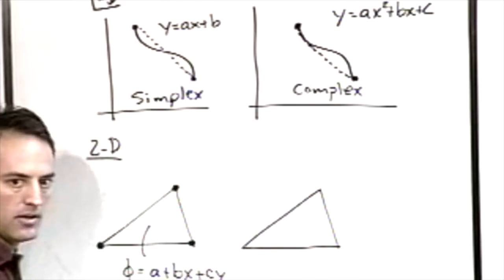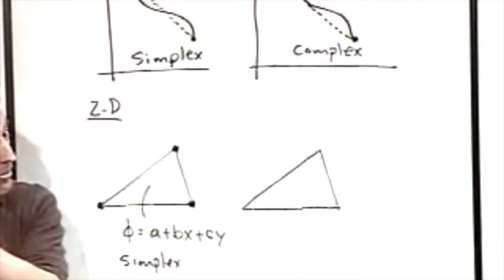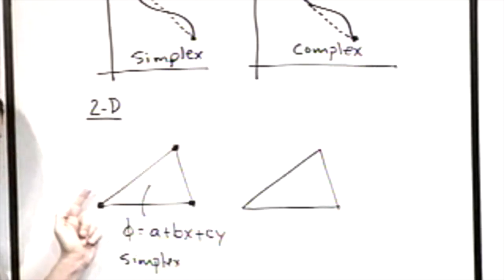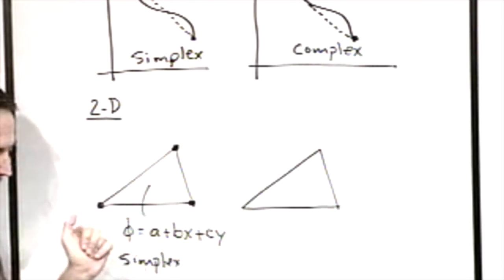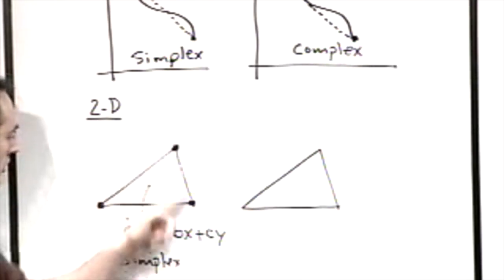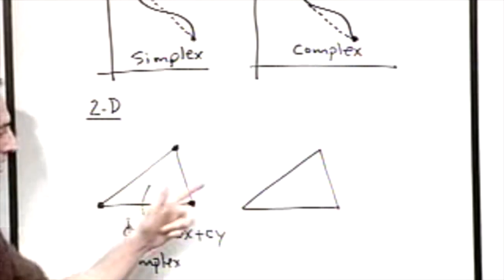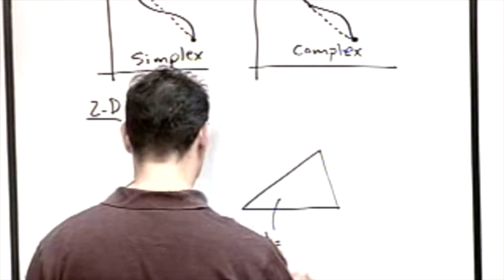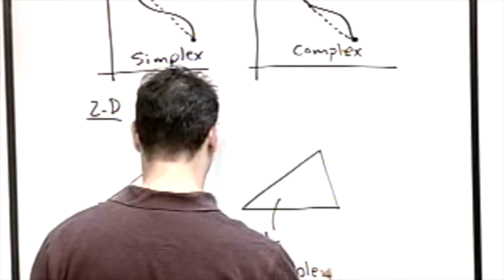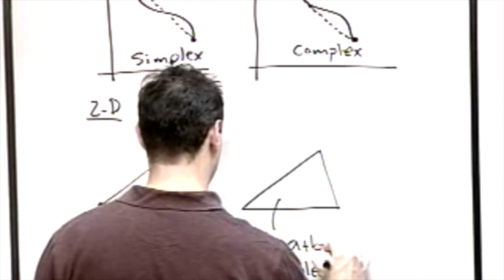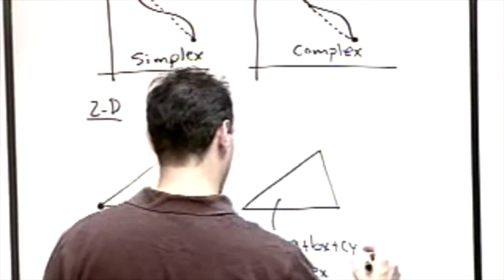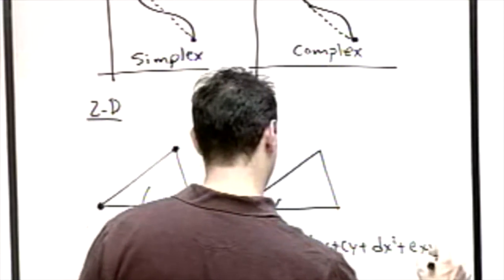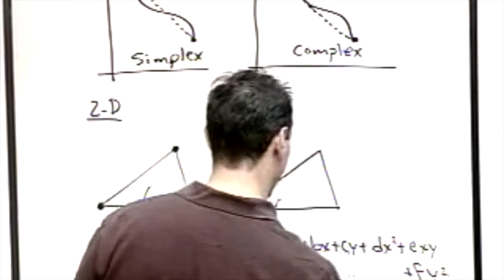The complex method uses higher order polynomials. But notice here, I have 3 points. Here I have 3 points. So I have 1, 2, 3, and 3 unknowns. Everything works out. Over here, I'm going to approximate it now with a complex method. In particular, I'm going to use A plus Bx plus Cy, same as before, plus Dx squared plus Exy plus Fy squared.